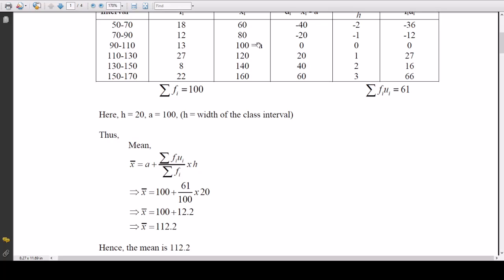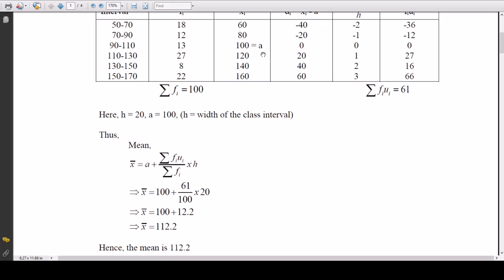For this assumed mean, there is no hard and fast rule about which one you should take. You can take the assumed mean to be 100 or you can assume 120.